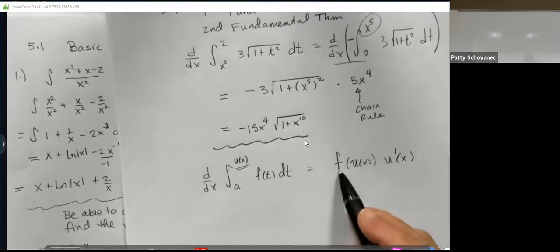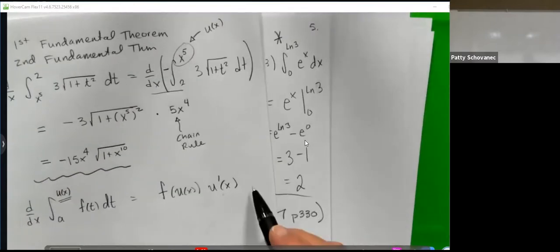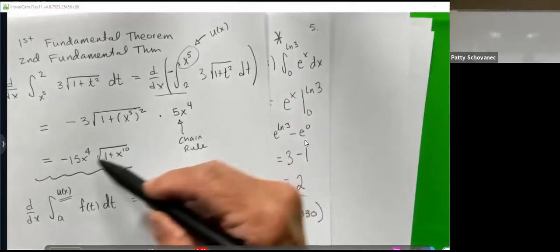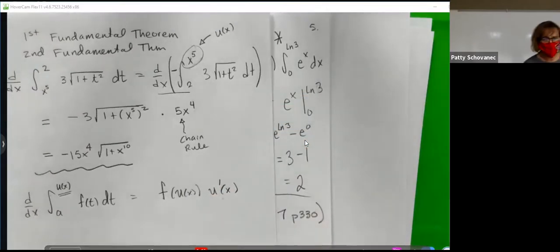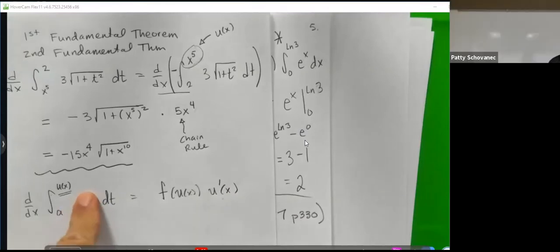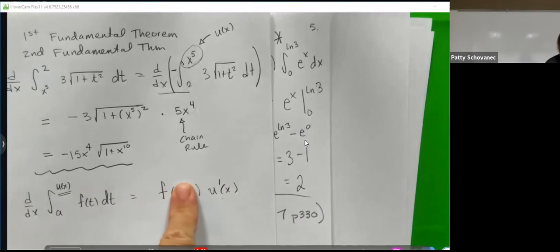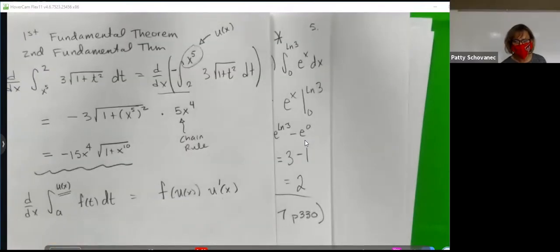It has nothing to do with what this looks like, only what this looks like. So that's why I just had the 5x to the 4th. Only what the upper limit looks like. Okay? So we don't really care what f of t is. We don't care what's in here. We just make a composite function, put the x in. That's right.